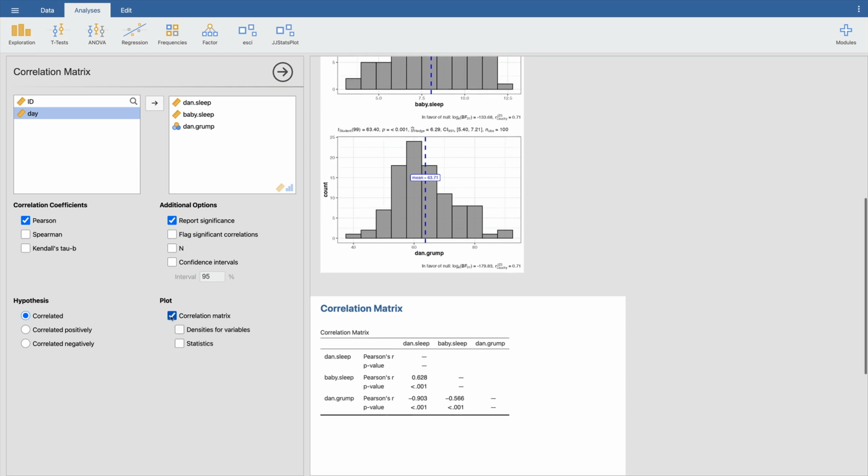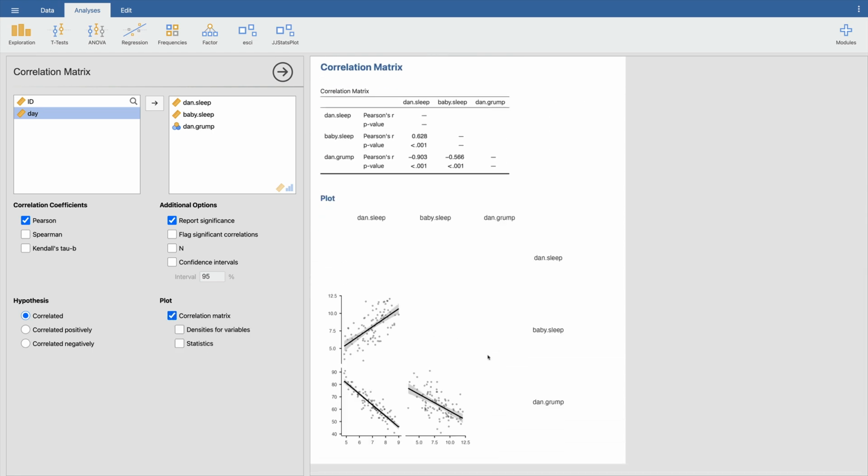If I pick plot here, I can also get my scatter plots. The way it's drawn in Jamovi, I can get the intersection of Dan's sleep and baby sleep, and you can see that that's a positive correlation. Dan's grumpiness is negatively correlated with how much sleep he gets and how much sleep the baby gets.